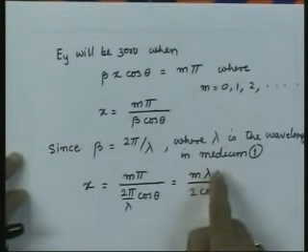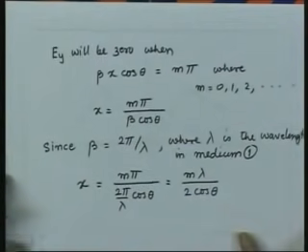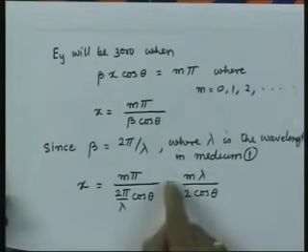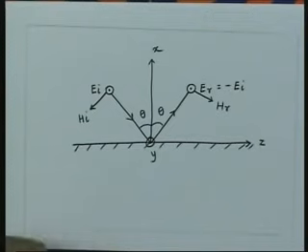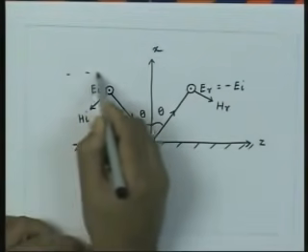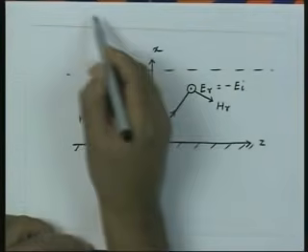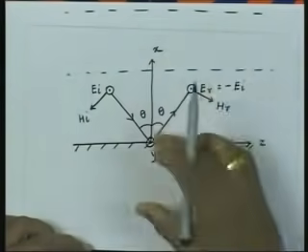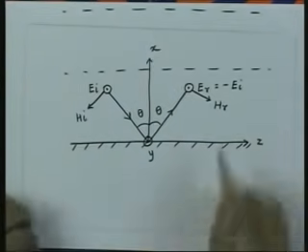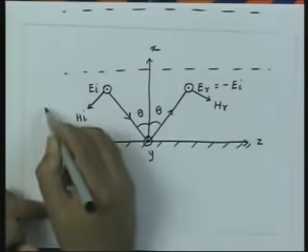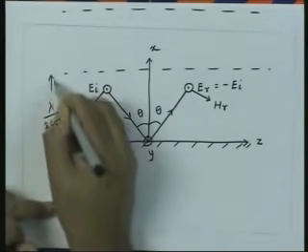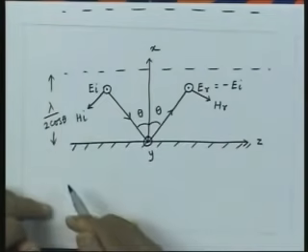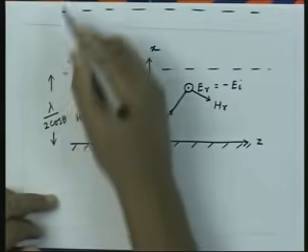And now we have got this condition here that x is equal to m lambda upon 2 cos theta. At that location, again the tangential field will go to 0. So, we will have one location here where the field will go to 0. I may have one location here, or I may get the next location, which will be double of this, and so on. So, this distance is lambda upon 2 cos theta from here to here, where this field will again go to 0, or if I go to double of that, it will be lambda upon cos theta.